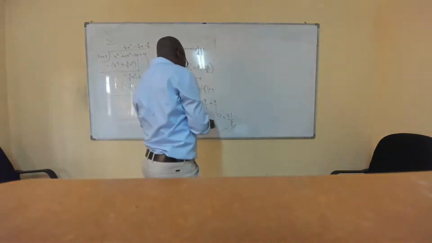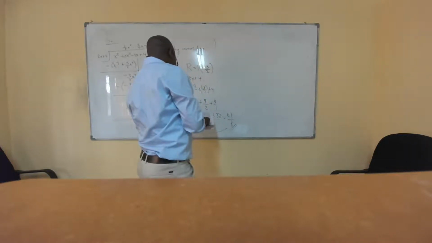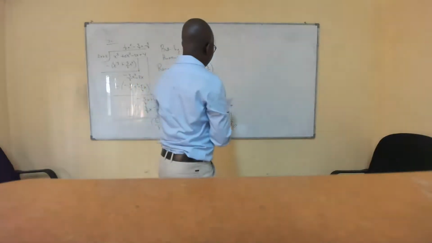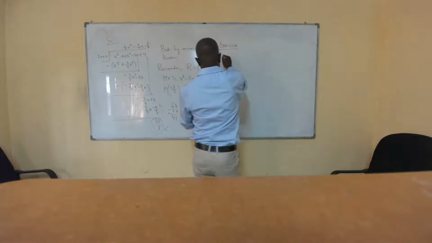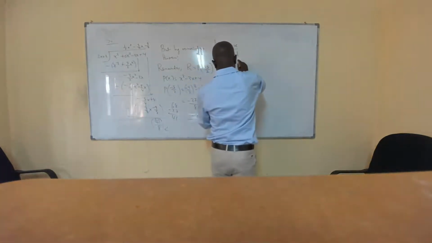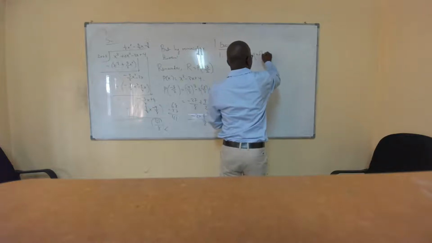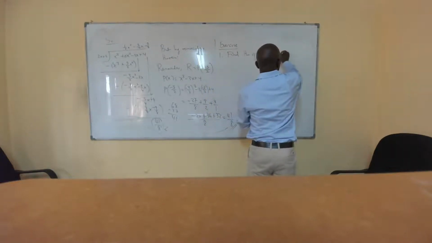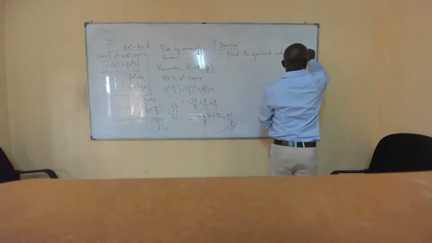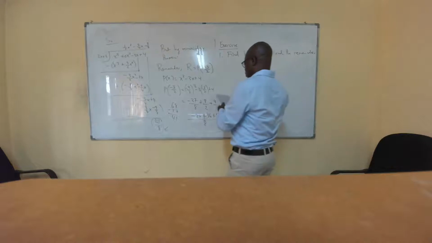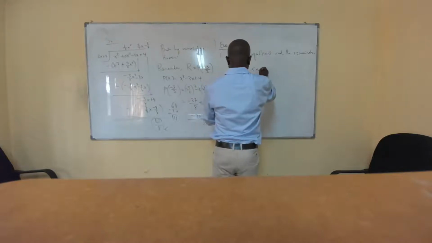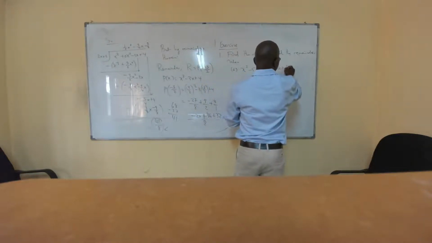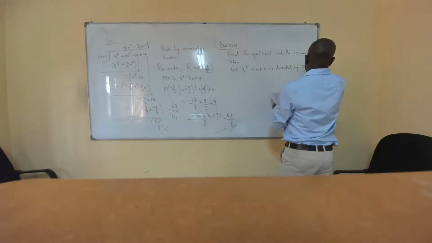So exercises. Please, you have to try the following. 1, find the quotient and the remainder when x to the power 2 minus 5x plus 2 is divided by x minus 3.